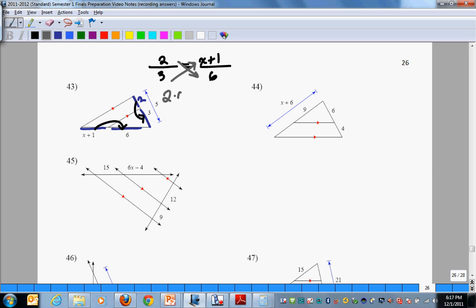We have 2 times 6 equals 3, and x plus 1. And divide by 3. 3 goes into 6 twice, so I have 4 here on the left equals x plus 1. We minus 1 both sides, and we end up with x equals 3.